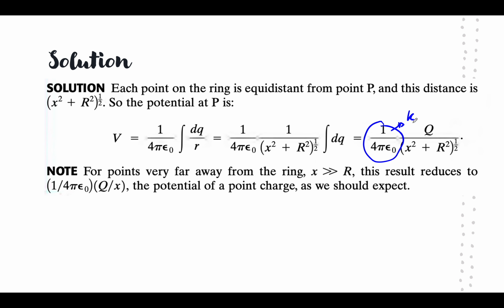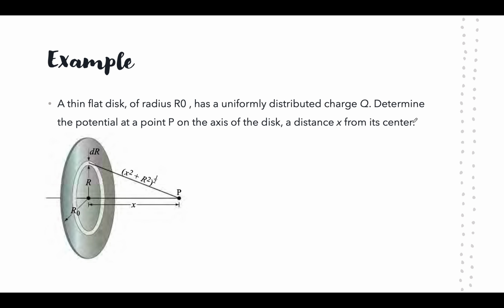All right, let's look at another example. Here we have a flat disk of radius r0, which has a uniformly distributed charge q. Determine the potential at point P on the axis of the disk, a distance x from its center. Now this one's a little bit different because we cannot break this area into tiny point charges.